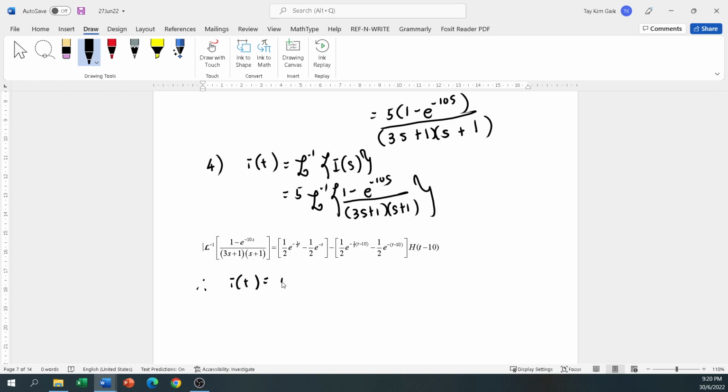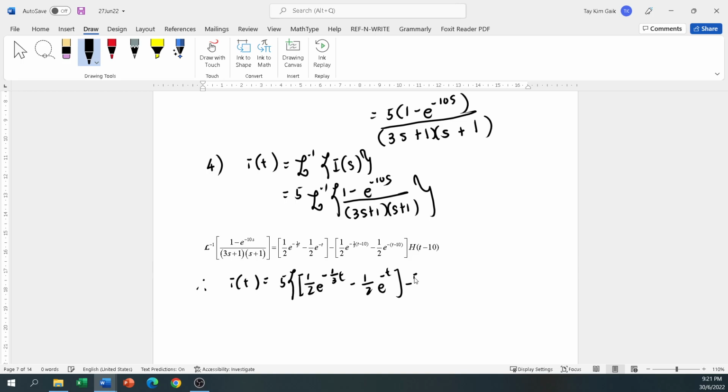So you got 5 times, I can put like this, 5, and the 6a answer multiplied by 5: exponent negative t over 3 minus half exponent negative t, or you want to expand 5 inside also can.